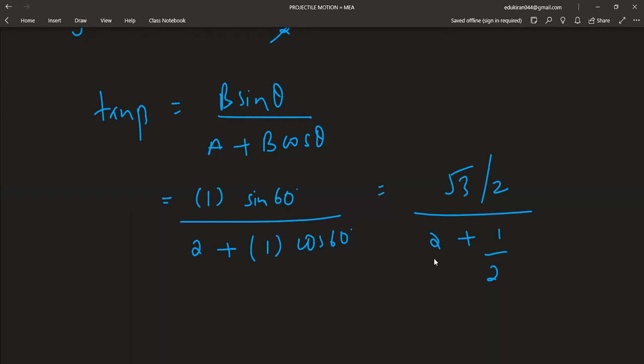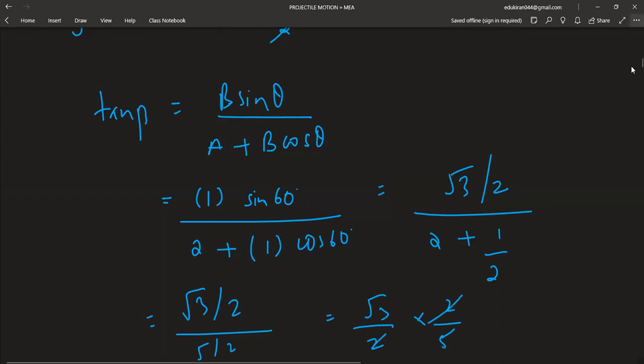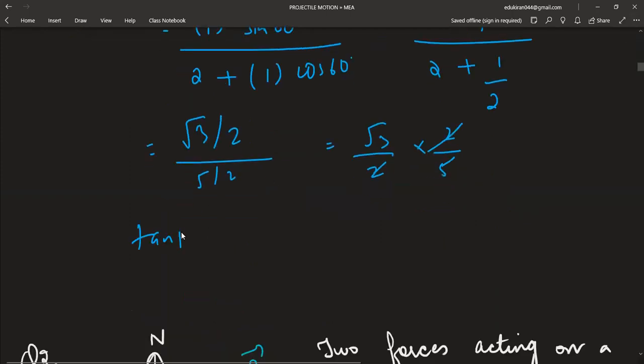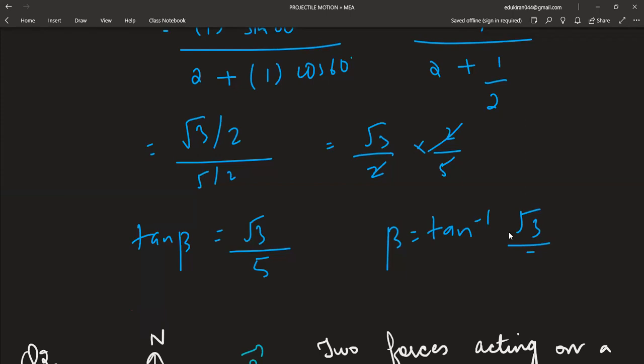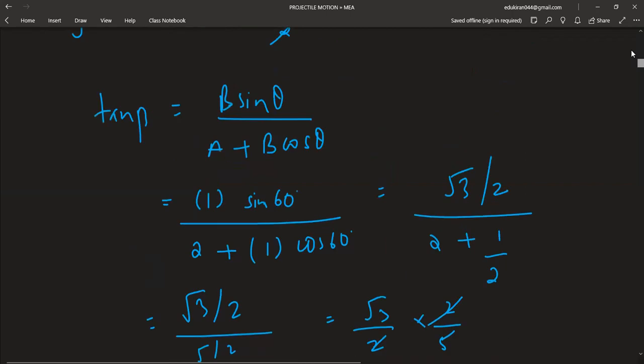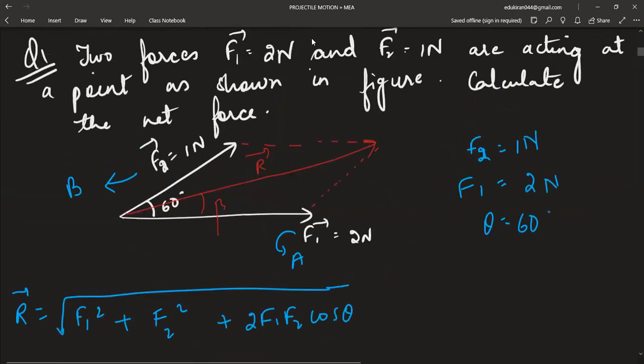Right, class? So here we'll be left with root 3 by 2. Here this becomes 5 by 2. So this is root 3 by 2 into 2 by 5 to cancel. So look here, our tan beta is equal to root 3 by 5. So beta would be tan inverse root 3 by 5. So magnitude and direction of the resultant, this is how you have to calculate. Write it quickly and update me in the chat column.